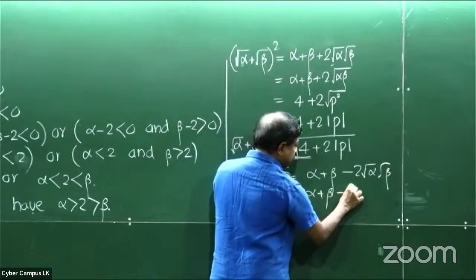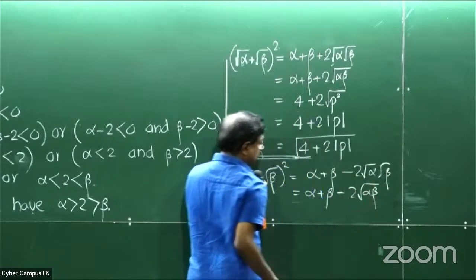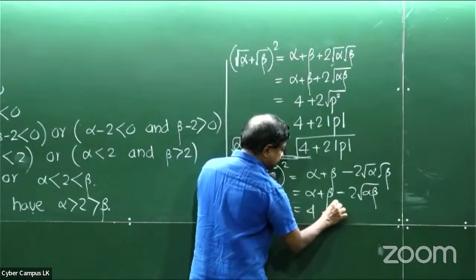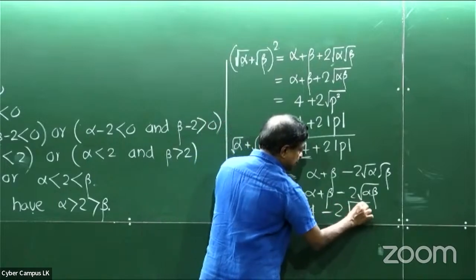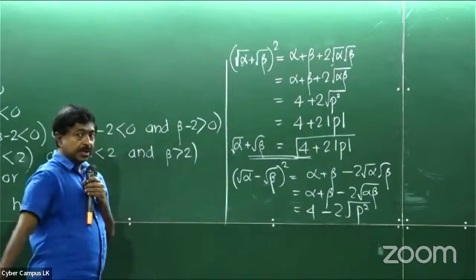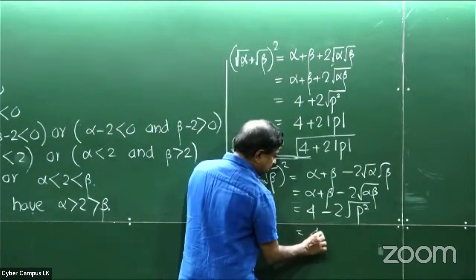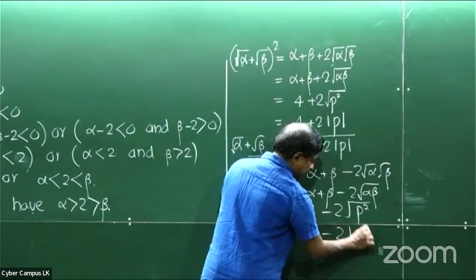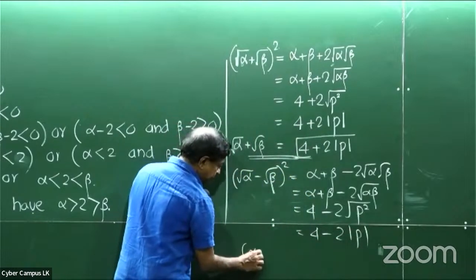You can write them under one square root. Now plug in the values. 4 minus 2 times the square root of p squared. Again, with the same argument, you get mod p. Now you get the square root.